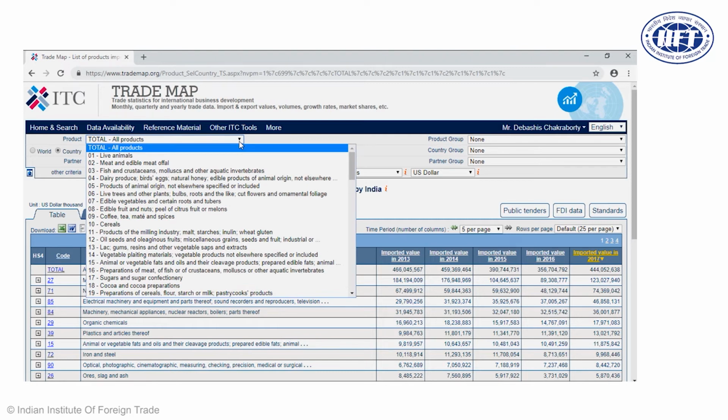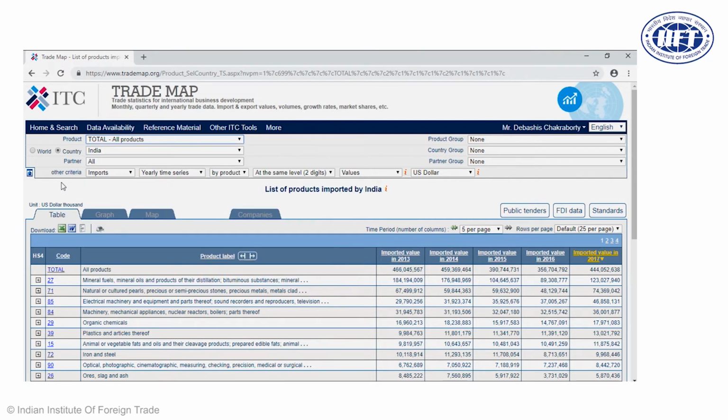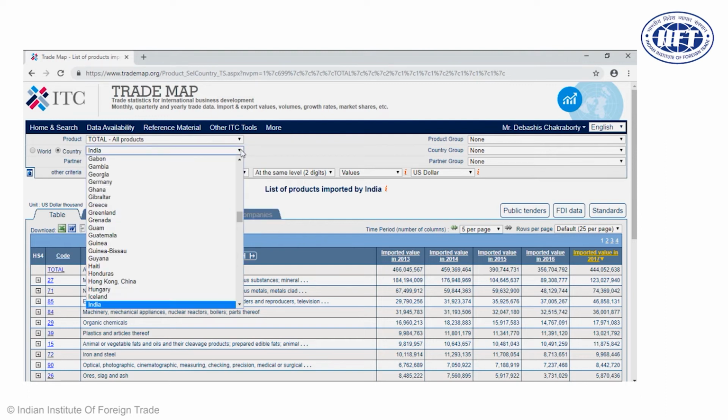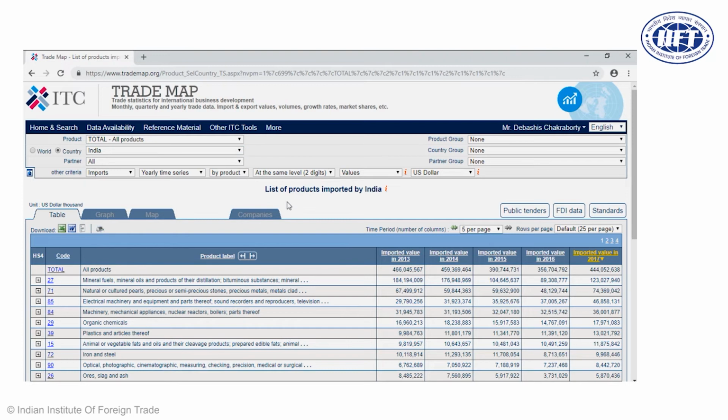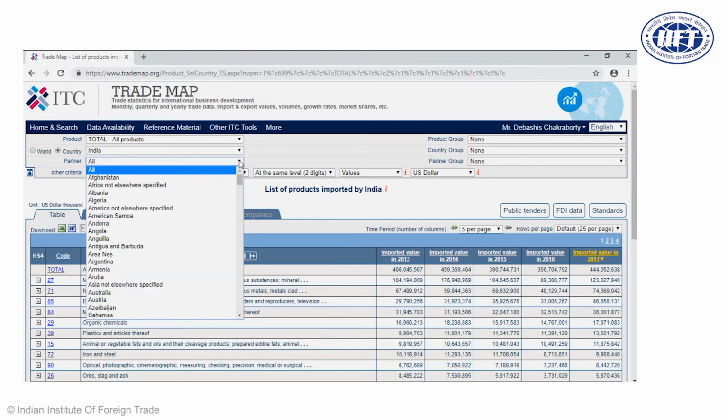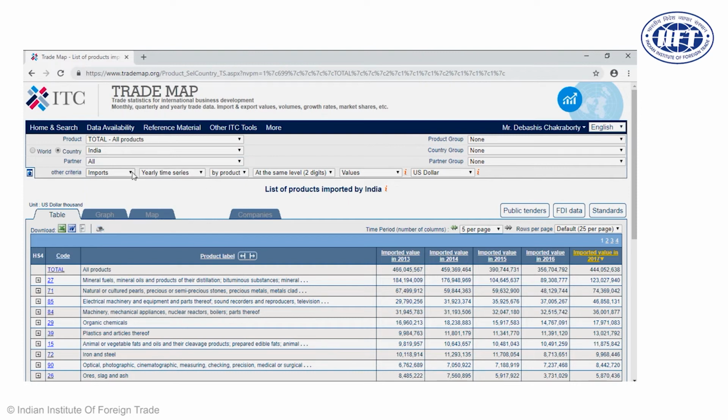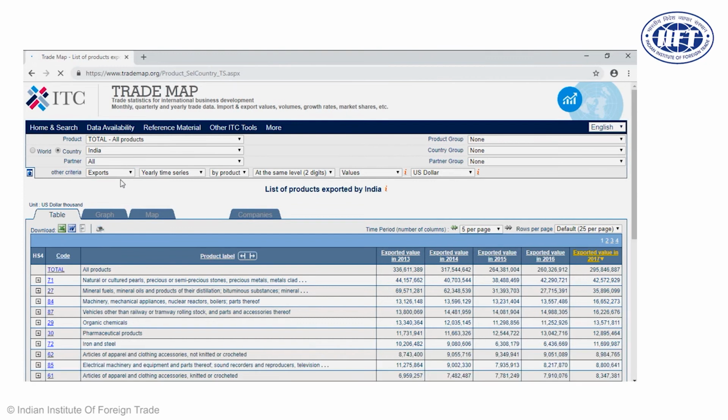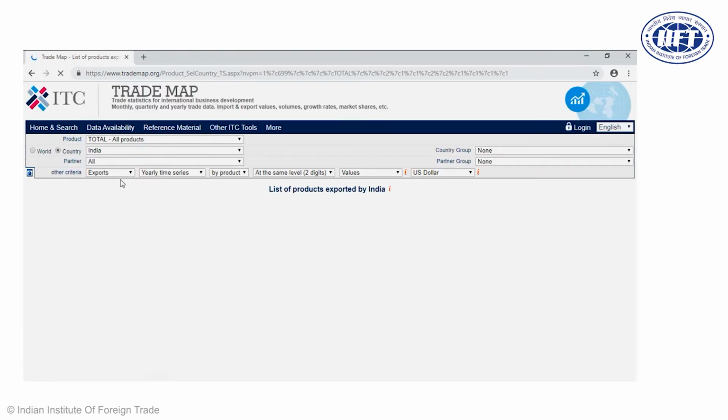There is a product window from which you can select your product at HS 4, 6 digit level. You can select an exporter, which can be India, for your product. You can select any trade partner of India from the drop-down menu. You can select export or import, but I think we should be going for the exports because we are interested in that only.